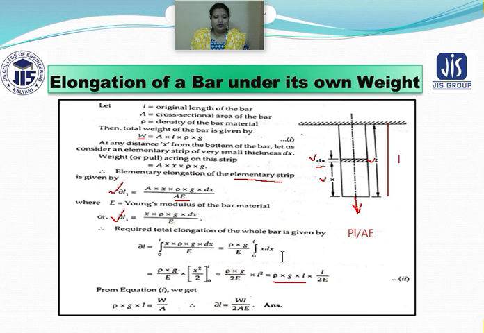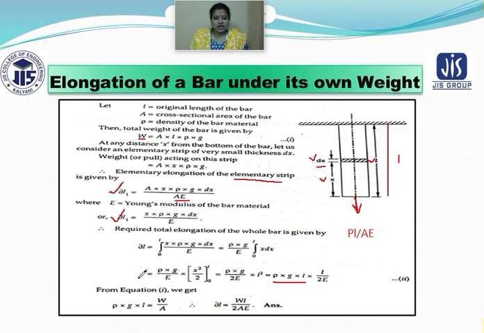You can write it as W by A, because you have already gone through the text that W is equal to A into L into rho into G. So you can write rho into G into L is equal to W by A.